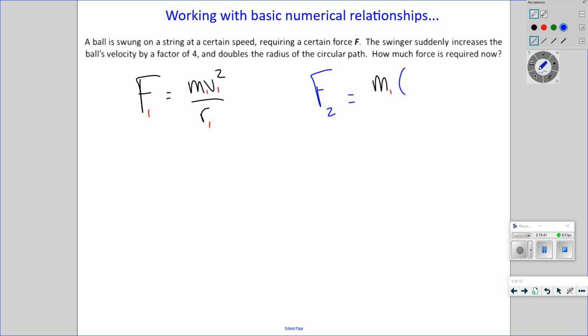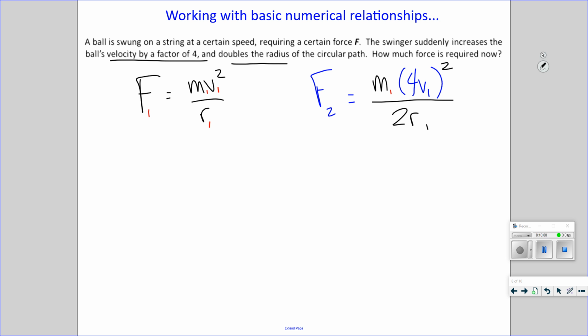This is now 4 v1, and we square that, and divide by 2 r1, right? Doubles the radius, velocity by a factor of 4. So what's F2? How much force is required now? And we're going to answer in terms of F.